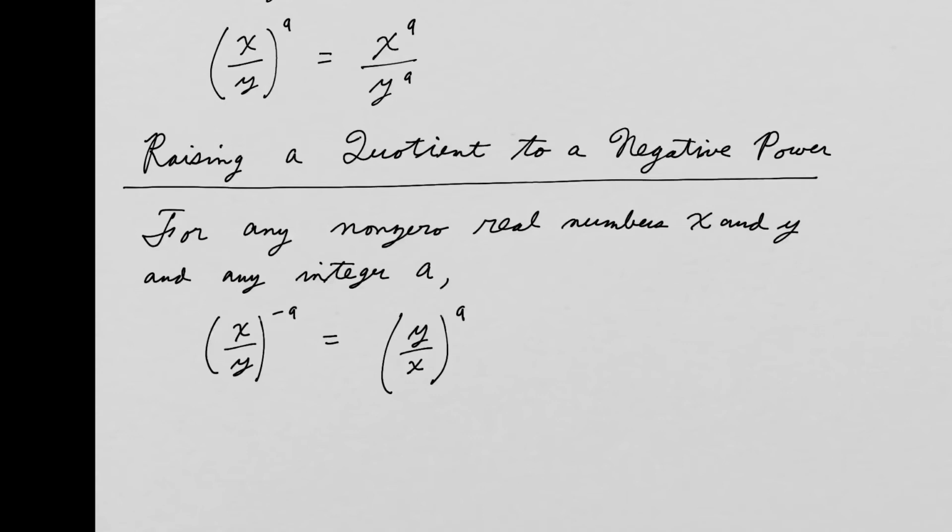So sometimes you may want to just get rid of that negative exponent right in the beginning if you flip the quotient inside. If you flip that fraction inside, then you can change the sign of the exponent and make it positive. Okay? Where does that come from? Actually, here, let's show why that's true. So we can show it from our previous rules. So let's do a little proof of that.